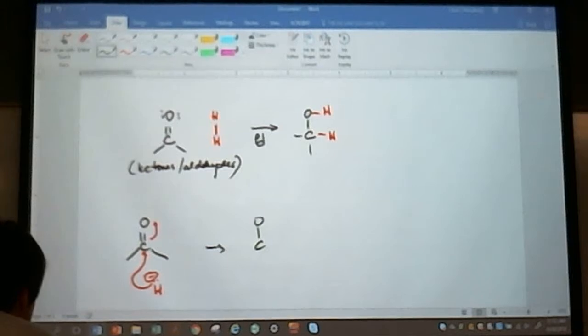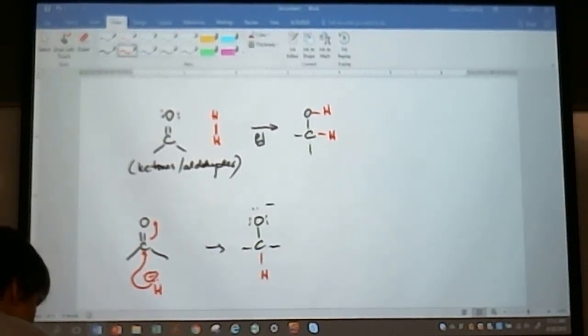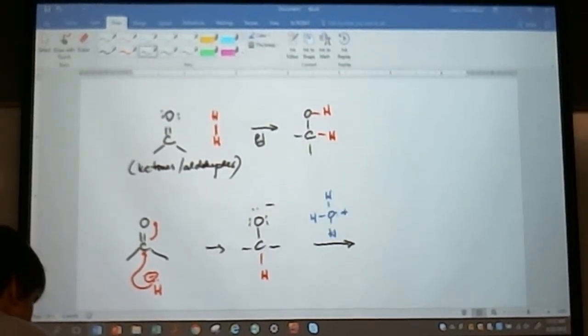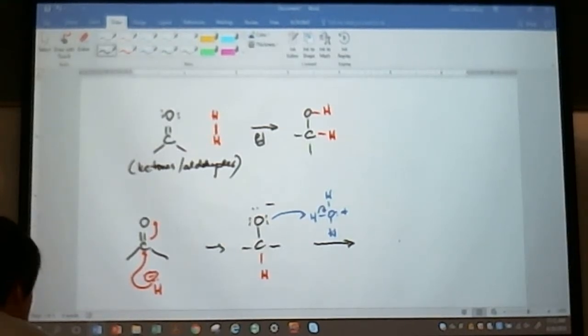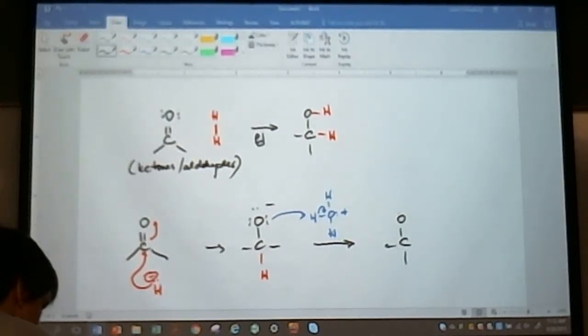You form this. And then when we add this to, let's say, water, H3O plus, this picks up another hydrogen, and now we have this product.